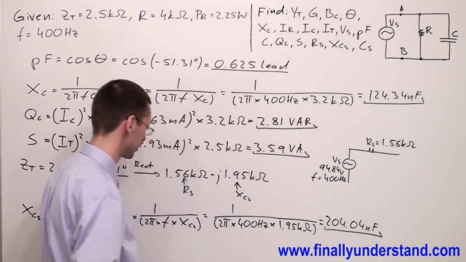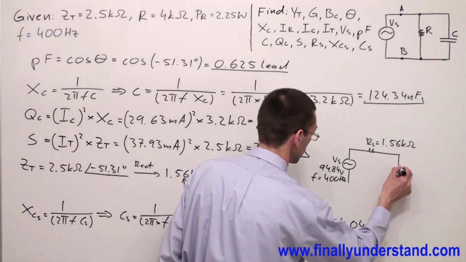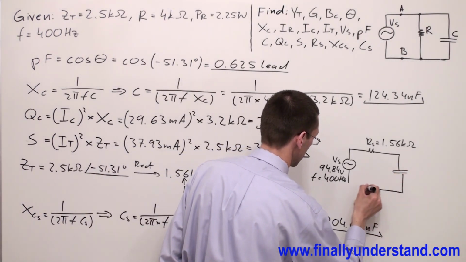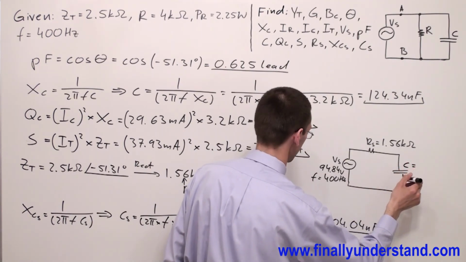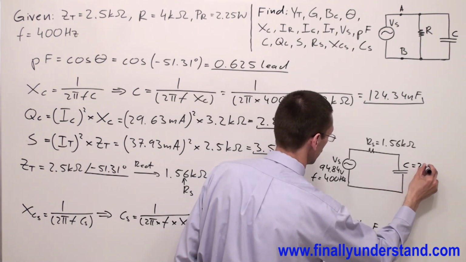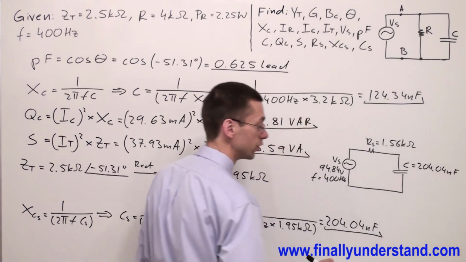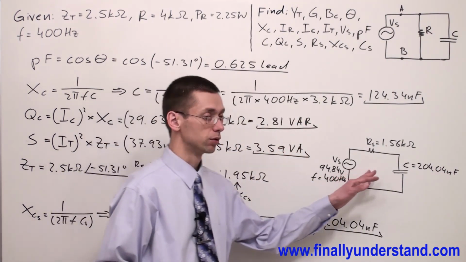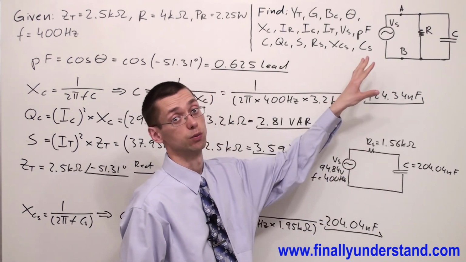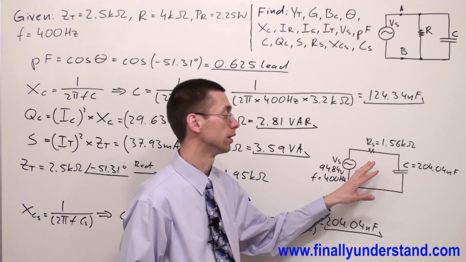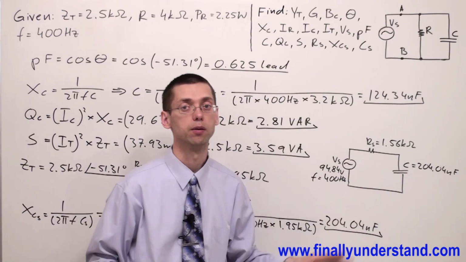Okay, this is my RS, 1.56 kilohms. And we have a capacitor, which has capacitance C equal to 204.04 nanofarads. Please notice that this circuit is going to have exactly the same total impedance as this one, exactly the same total current, exactly the same powers. So we can say that the problem is solved.